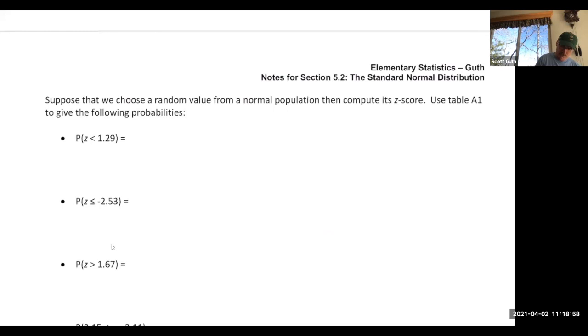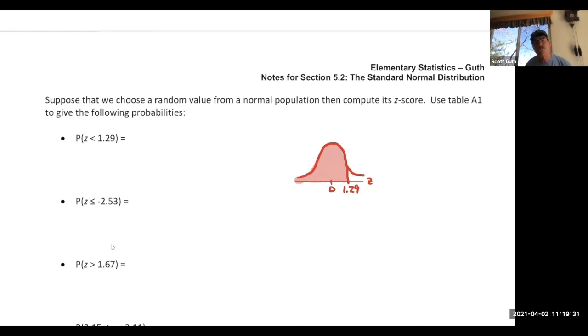Okay, so the first problem, this is what you want. If you want the probability that z is less than 1.29, I like to draw a picture first. Okay, so maybe we'll put a 1.29 on here. These are z-scores. So remember, those are centered at 0. And then the area to the left is over here. And I would very much encourage you to draw these curves.